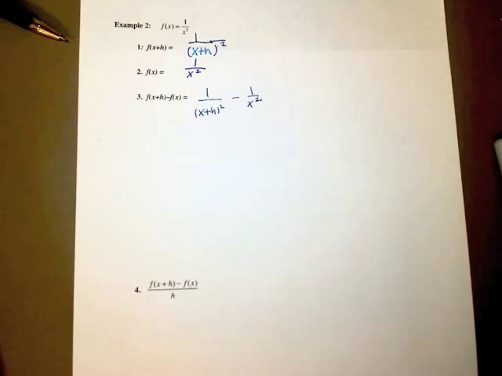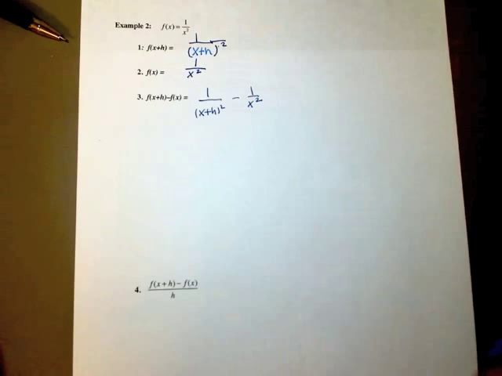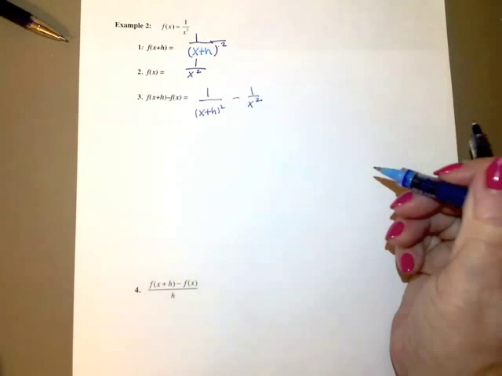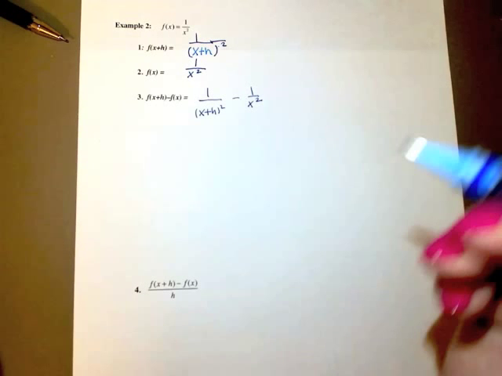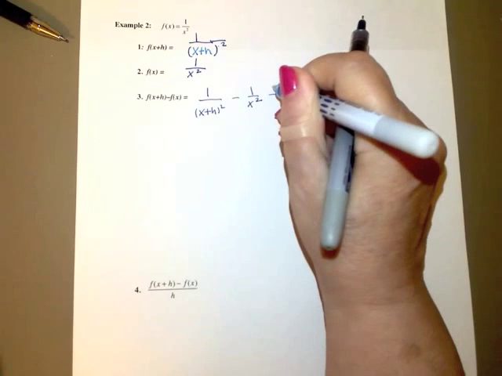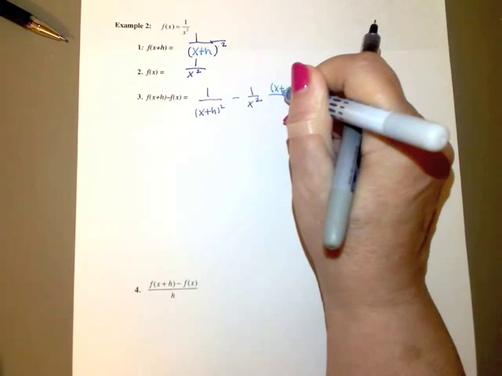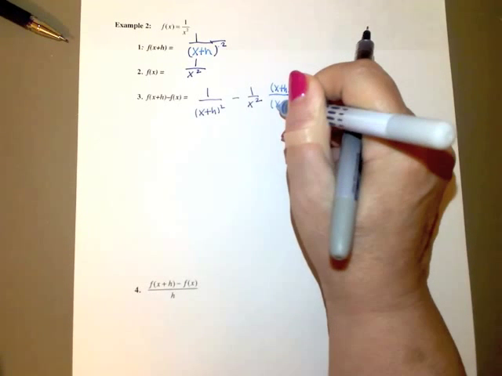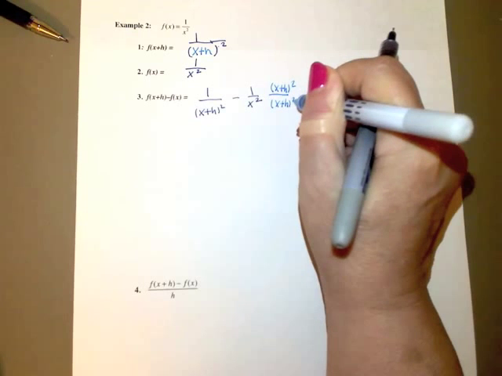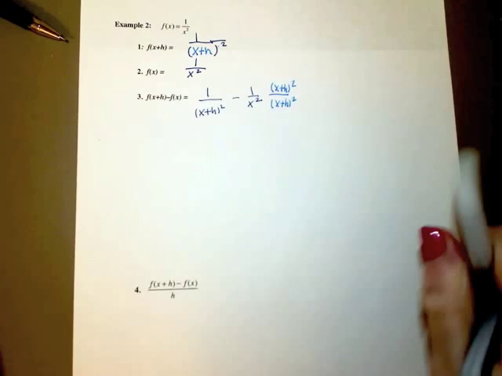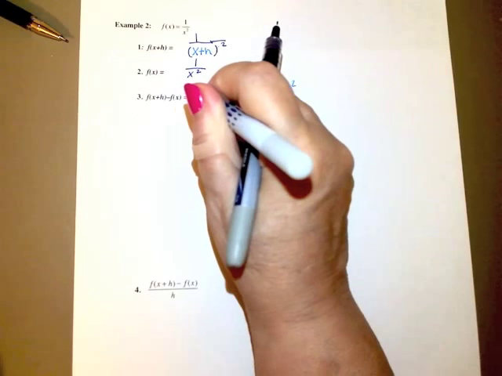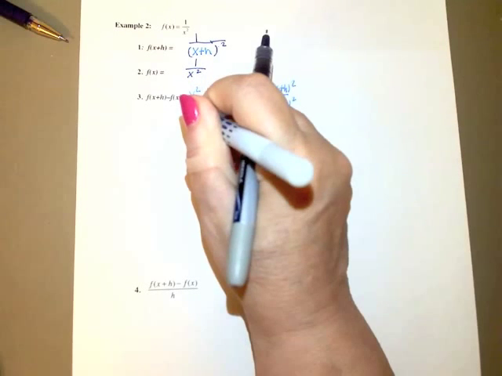Now this is where I'm going to need to do the work. So the first thing I'm going to do is put it over a common denominator. So I'm going to multiply this guy by x plus h squared divided by x plus h squared, because the LCD is just the product of the two, and this one by x squared over x squared.